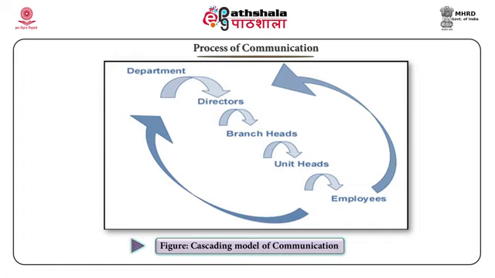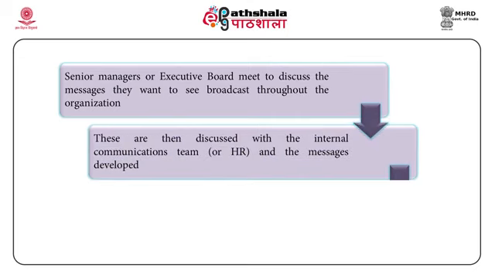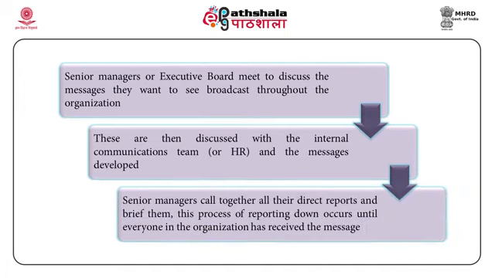Let's understand this example. Senior managers or the executive board meet to discuss the messages they want to see broadcast throughout the organization. These are then discussed with the internal communication team or HR and the messages developed. Senior managers then call together all their direct reports and brief them.